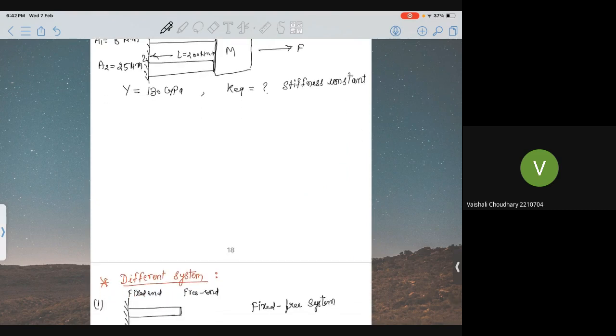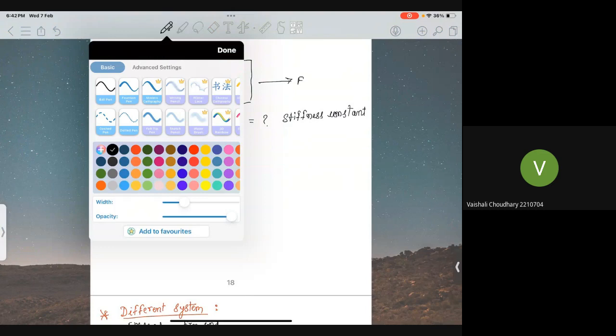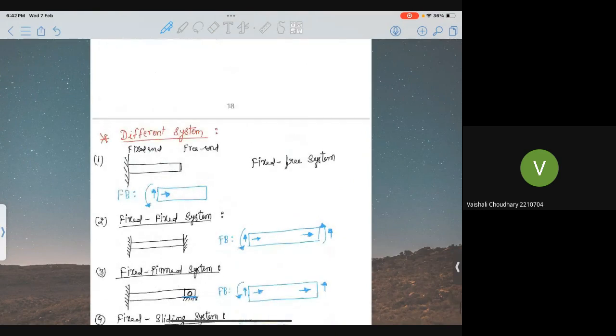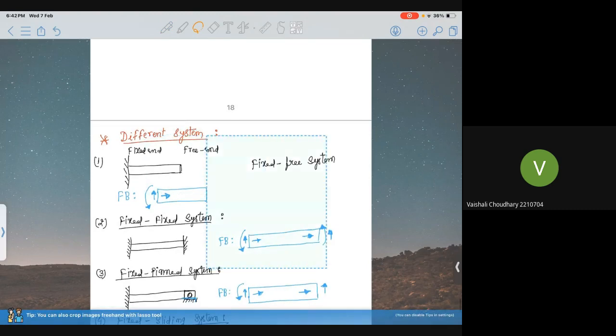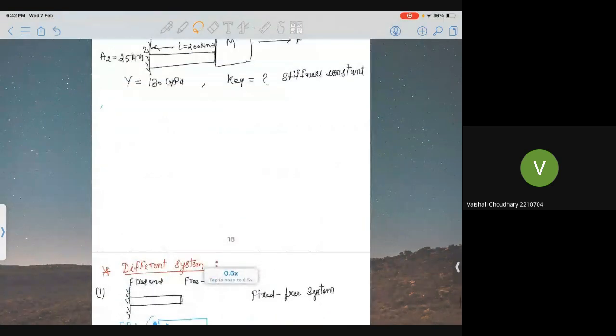So for beam 1, K1, we'll change the color.